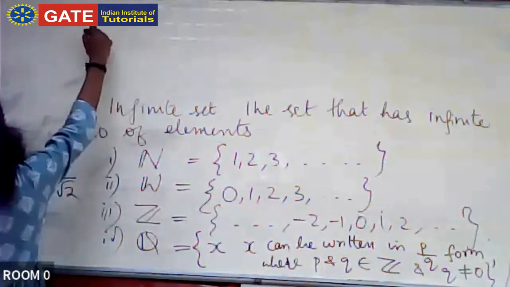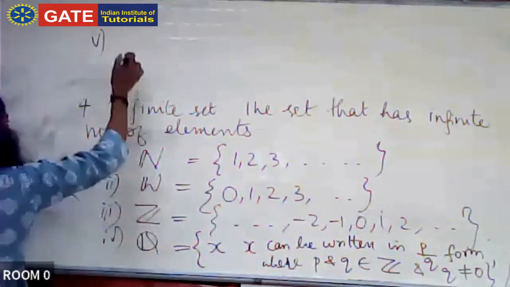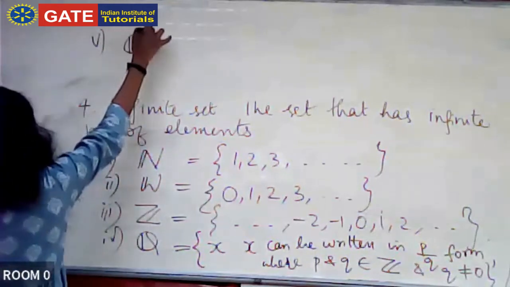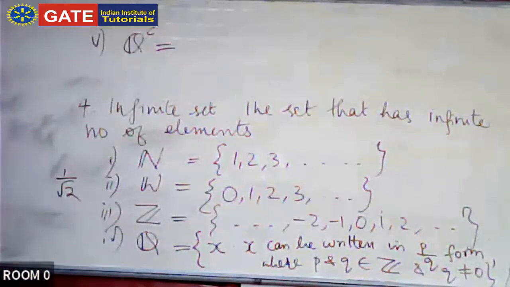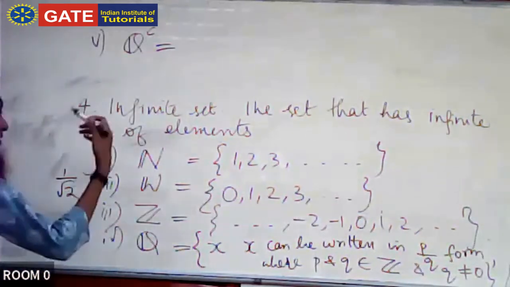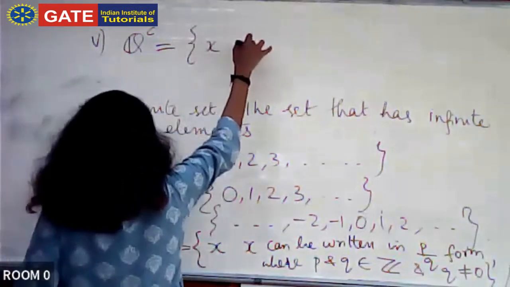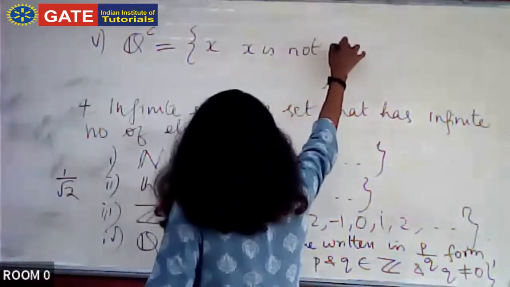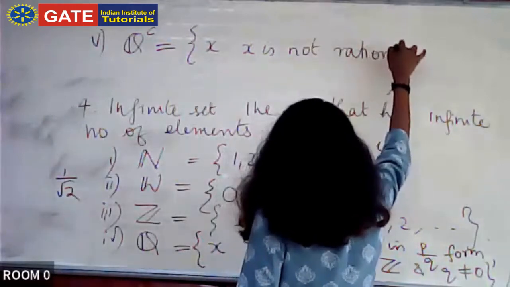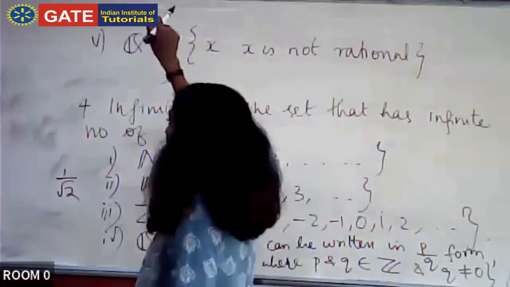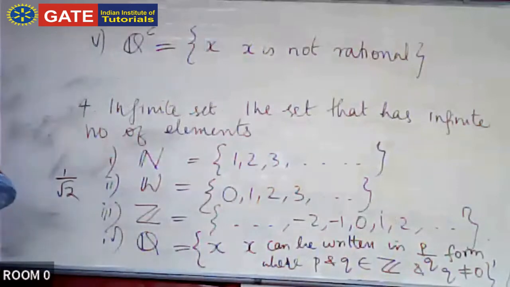So for such numbers that do not belong to Q, we create Q complement. That is the set of all irrational numbers, and that is the set of all x such that x is not rational. The numbers that are not rational, you can include in the Q complement.